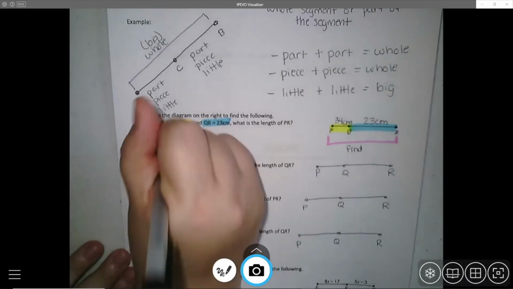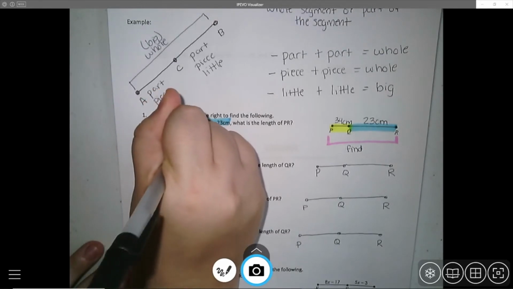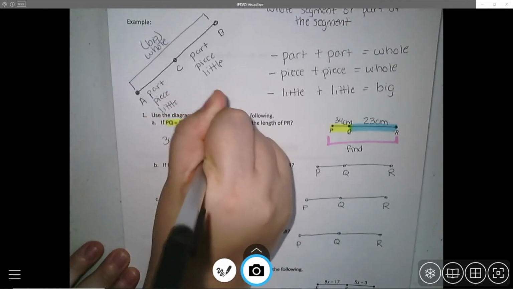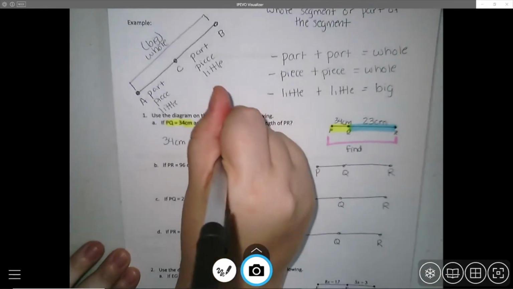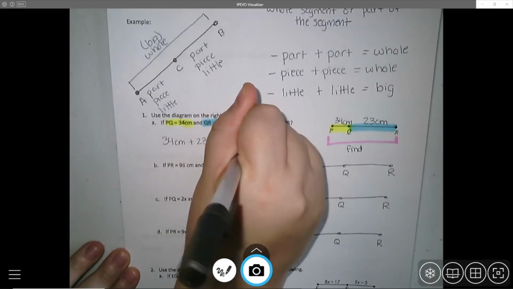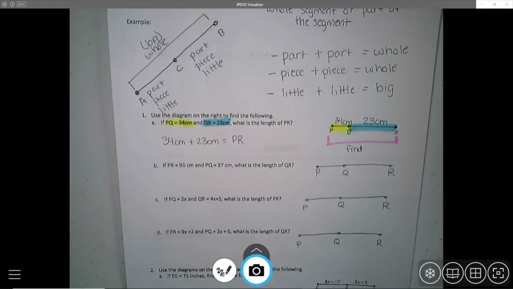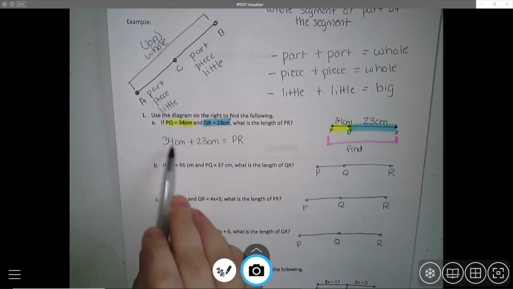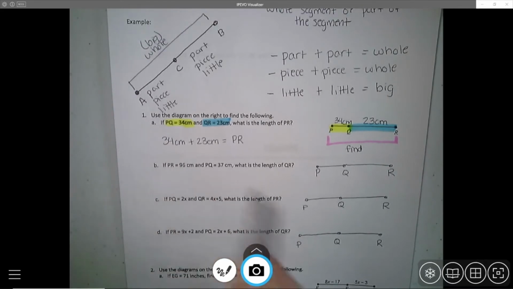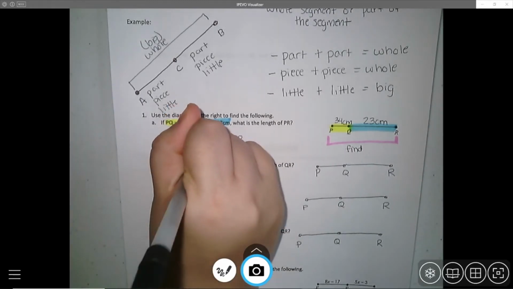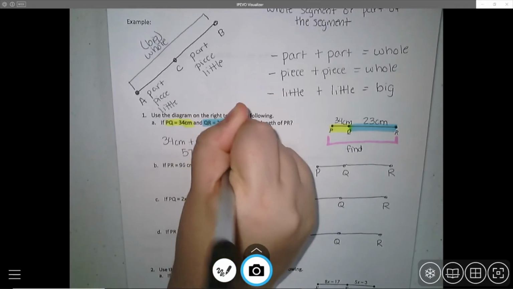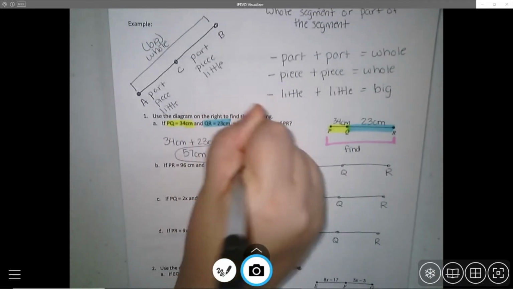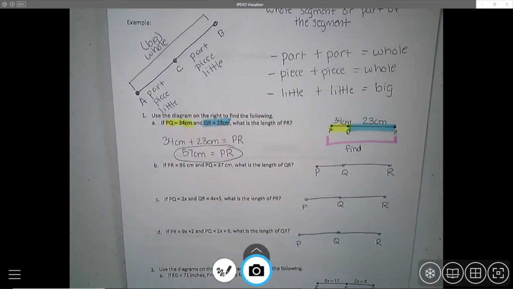So 34 centimeters plus 23 centimeters is going to equal PR, or what I want to find. I can combine these: 34 and 23 give me an answer of 57 centimeters equals PR. Right there is my final answer. The length of PR, or the distance of PR, is 57 centimeters.